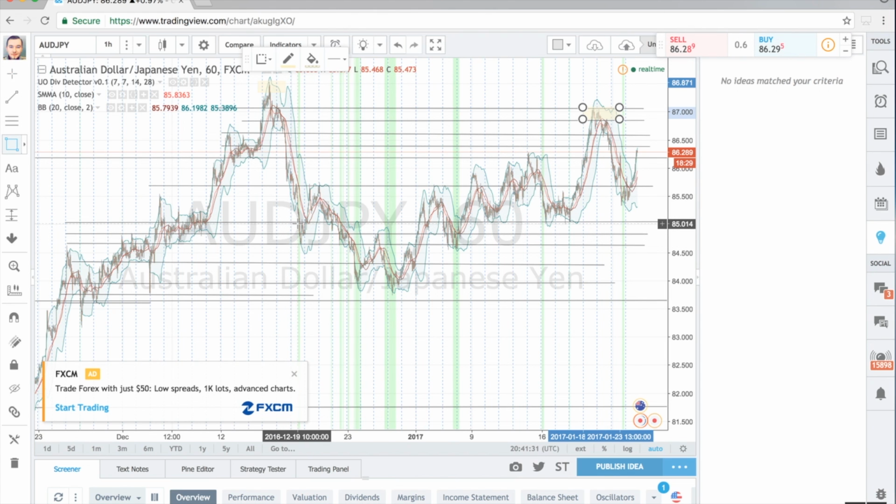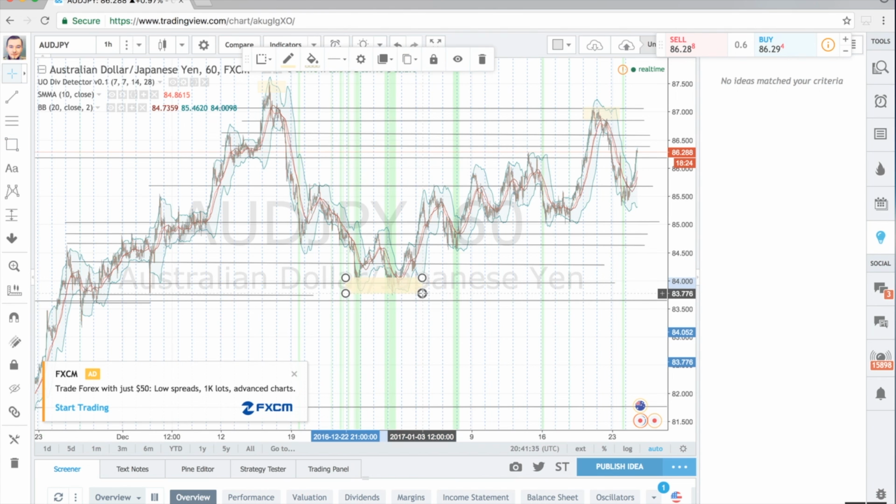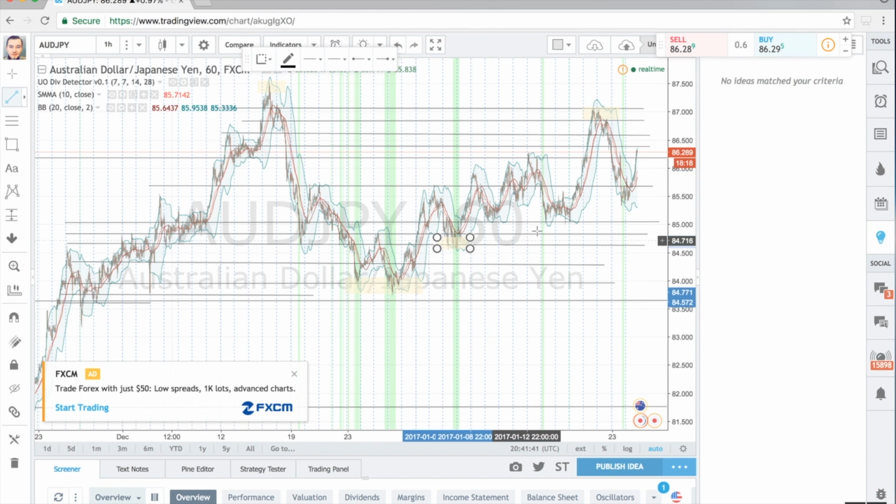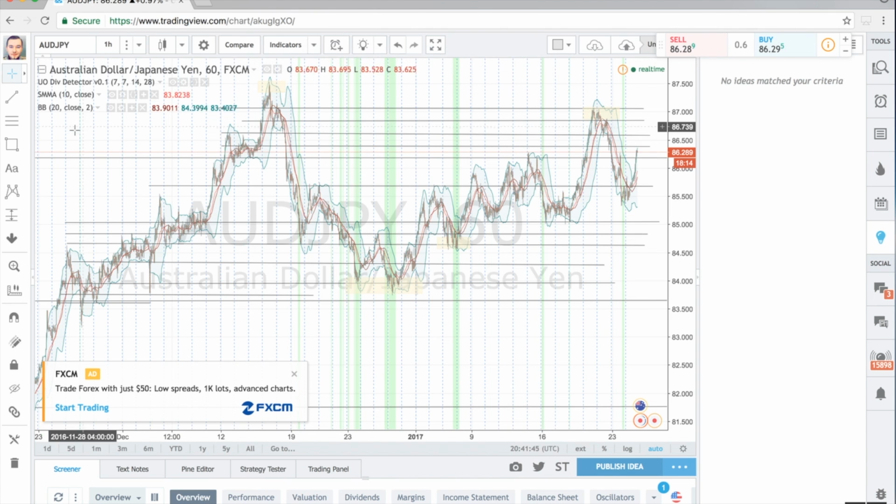You see down here, when it reached this zone, it did something. When it reached this spot, these are reaction points. And they quite often correlate with support and resistance.